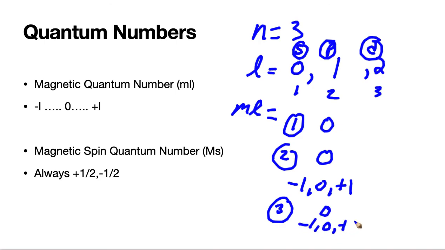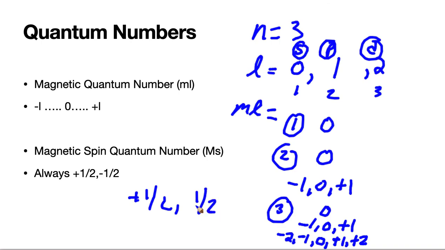You'll see the repeating of these numbers once we start doing electron configurations and how this ties in. And our ms value is always negative 1/2 and positive 1/2. This is our spin up and spin down, clockwise, counterclockwise.